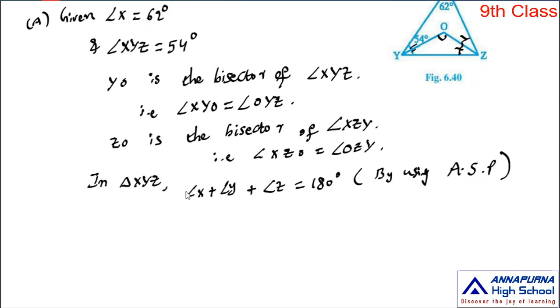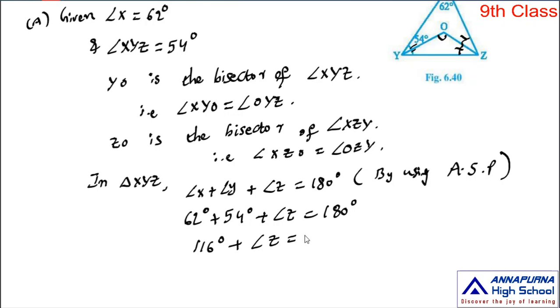Substitute angle X is equal to 62 degrees plus angle Y is equal to 54 degrees plus angle Z is equal to 180 degrees. Adding 62 degrees and 54 degrees, we get 116 degrees plus angle Z is equal to 180 degrees.